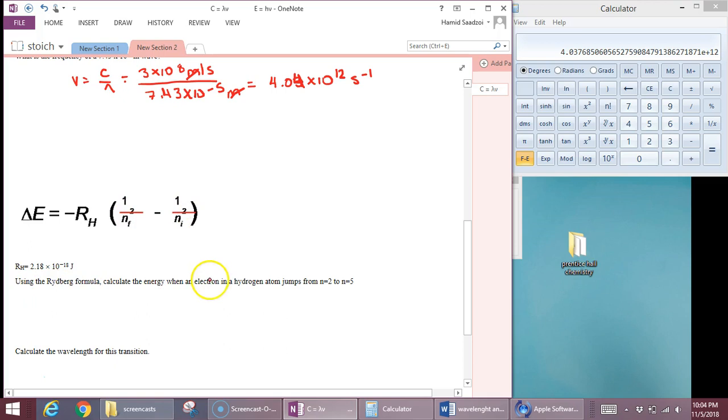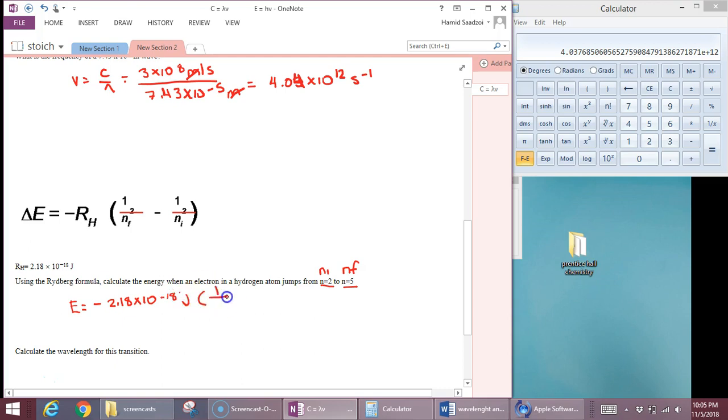So in this situation, you want to figure out what happens as the hydrogen jumps from n equals 2 to n equals 5. So this is your ni, this is your nf, because you're going from 2. So that gives you that initial and final. So we're going to calculate the energy. We're just going to plug it into that equation. So negative RH is negative 2.18 times 10 to the negative 18 joules.